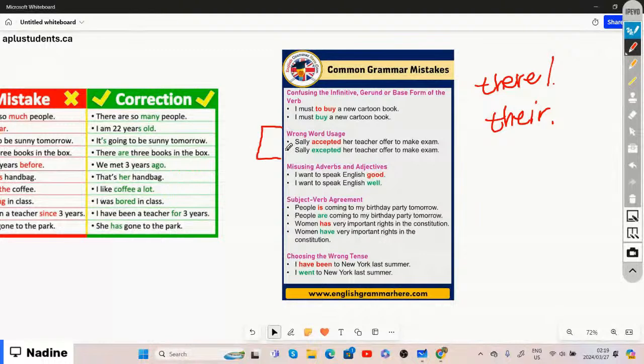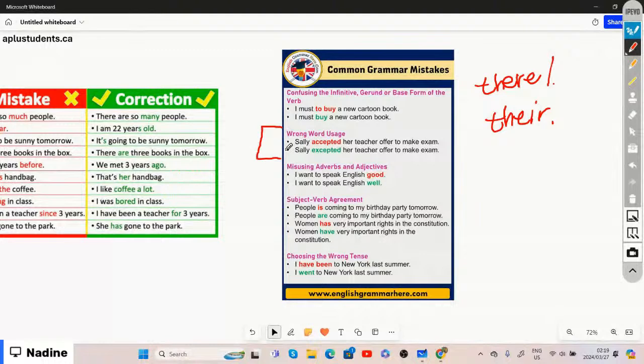And if we look at the difference between, let's say, the word "accepted" and the word "excepted"... The difference is: accept. When you accept something, it's a verb, because I'm accepting something.